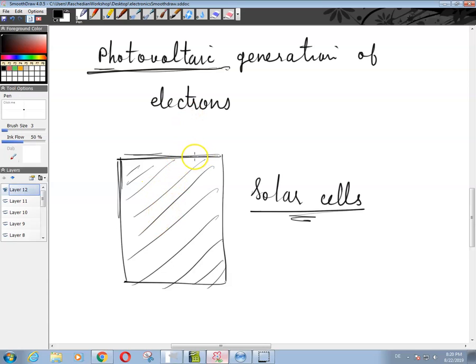And then there will be some potential difference at the output of the solar cell, and this goes into, for example, some circuit which is called a charge controller.